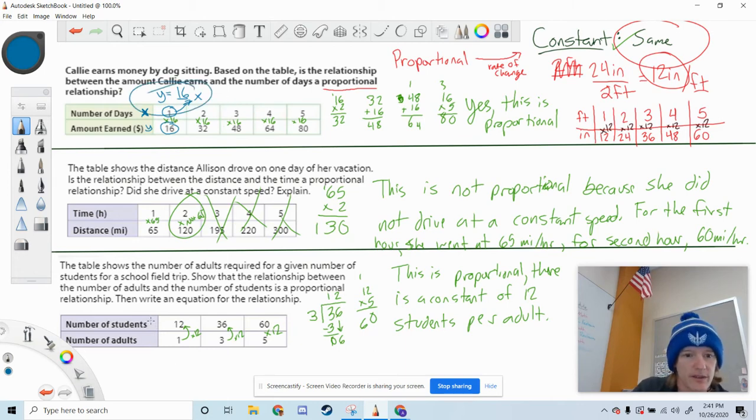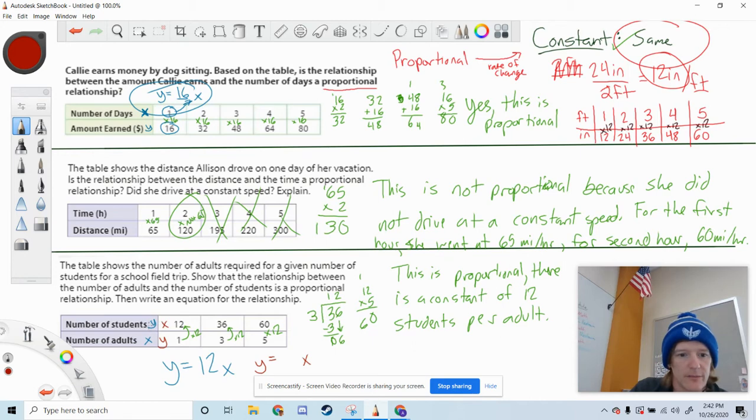On this one, my students is going to be y, adults is going to be x, and y equals how many students per adult? Well, that's 12. Now, it is possible if I accidentally switch these around, so if I said this was y and this was x, my equation would be a little bit different.